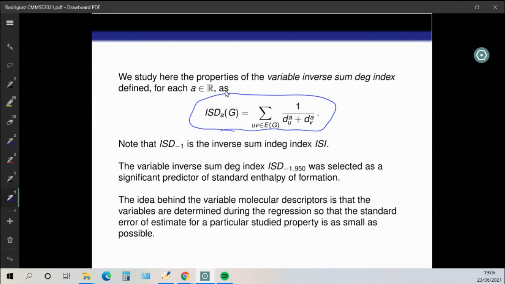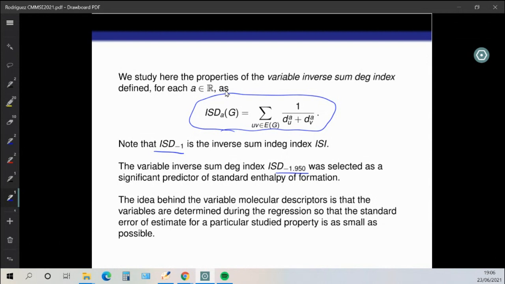Note that if we take the value a equal to -1, then this is the inverse sum index, which is useful in applications. Also, if we take the value a equal to -1.95, we obtain an index which is a significant predictor of standard enthalpy of formation.